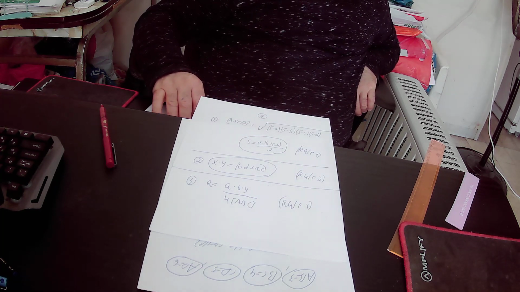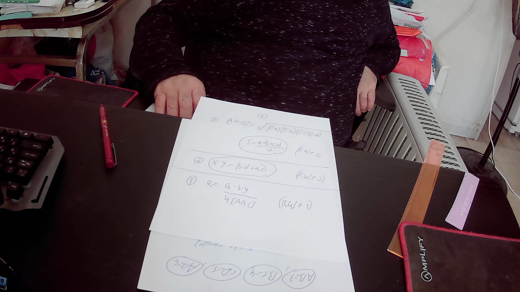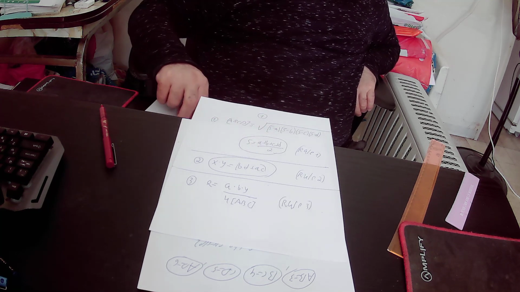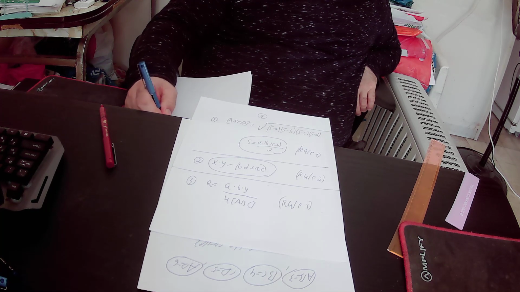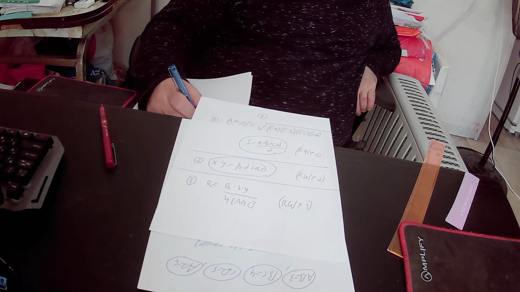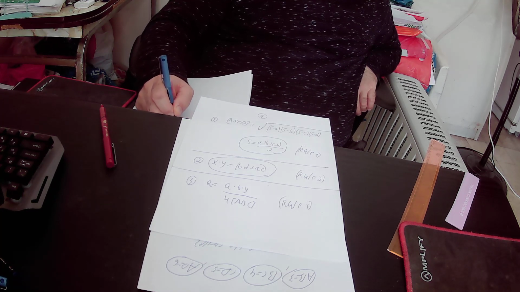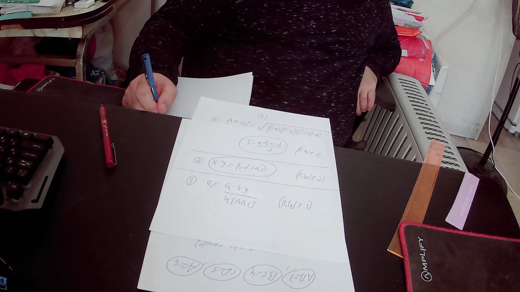Okay, so here we will multiply equation number 3 by the area of triangle ABC, and we will get that R times the area of triangle ABC equals a times b times y over 4.